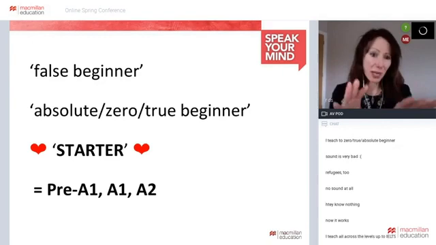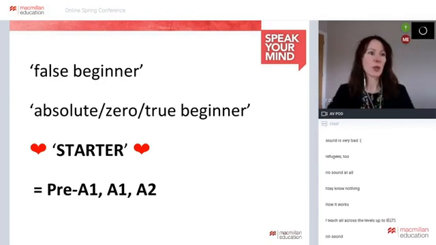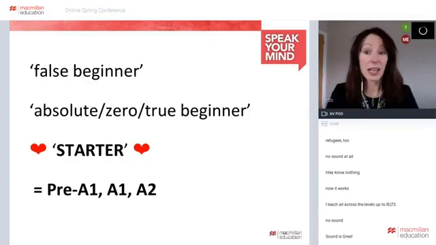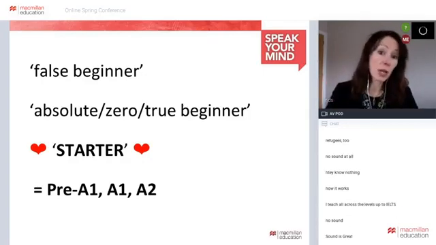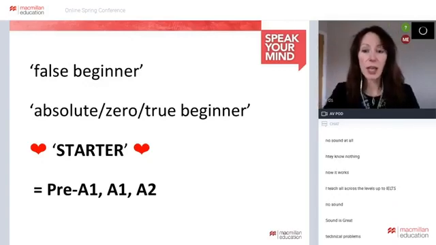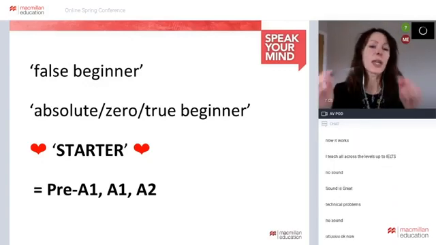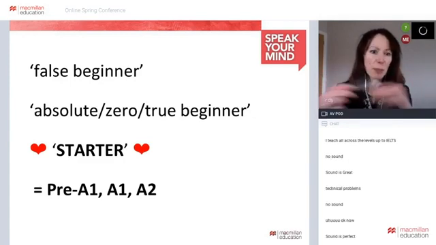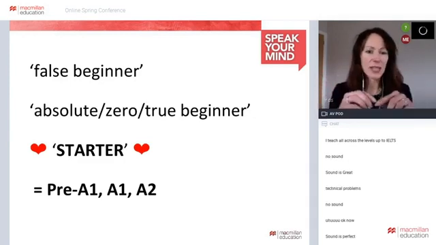It's my favorite term. It's a catch-all for whatever your circumstance. English could be the third, fourth, fifth language that you're learning. You could be any age. You could be in your home country or in another country. Wherever you are, it's the start of your journey on the language trip. So for me, starter is a fantastic term.